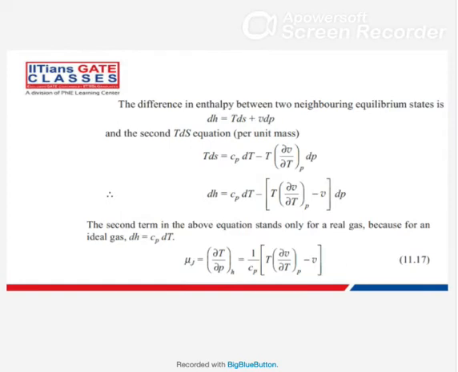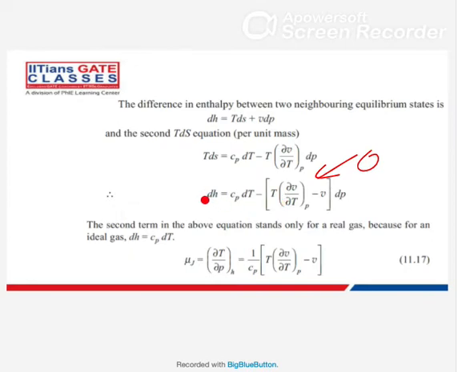Now this second term in our equation stands only for real gas. This term will be there only for real gas. For ideal gas, this will become 0.